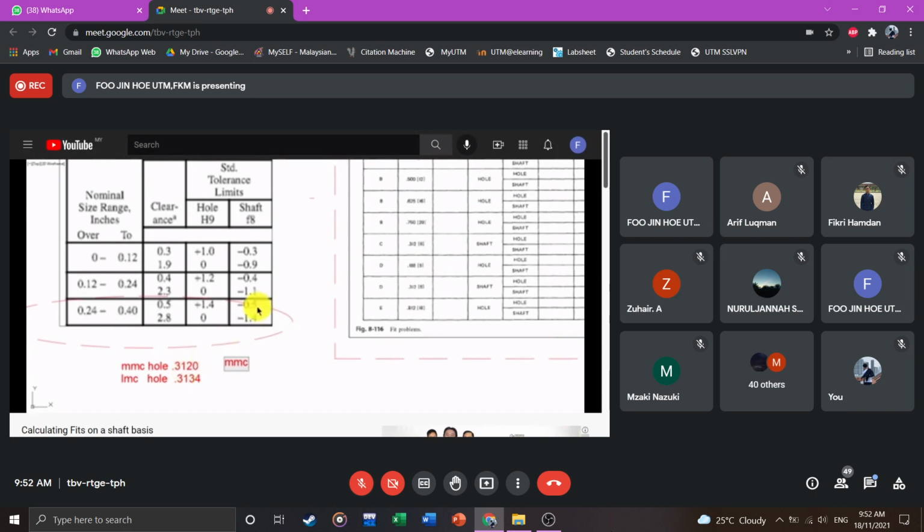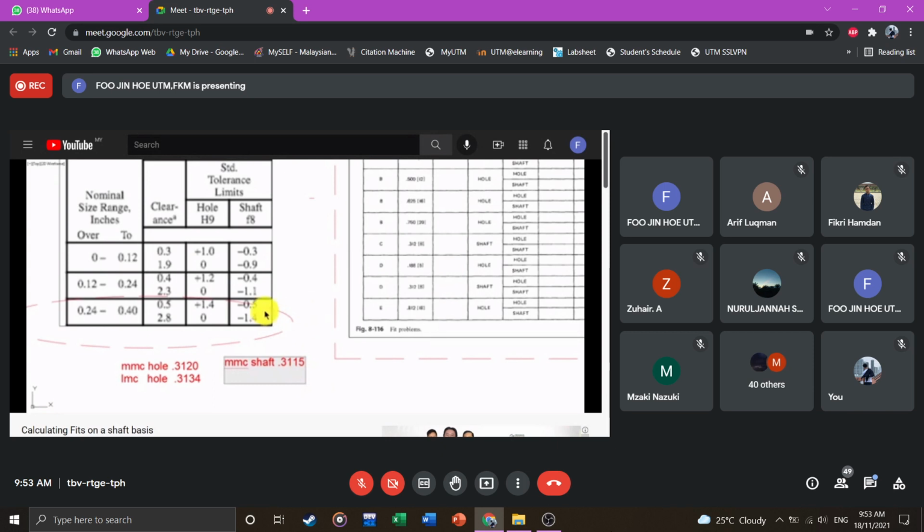We're going to subtract a half of a thousandth of an inch from 312. So the MMC for the shaft is going to be 0.3115. That's 0.3120 minus 0.0005. That's going to give us this number right there, and that is the MMC for the shaft.